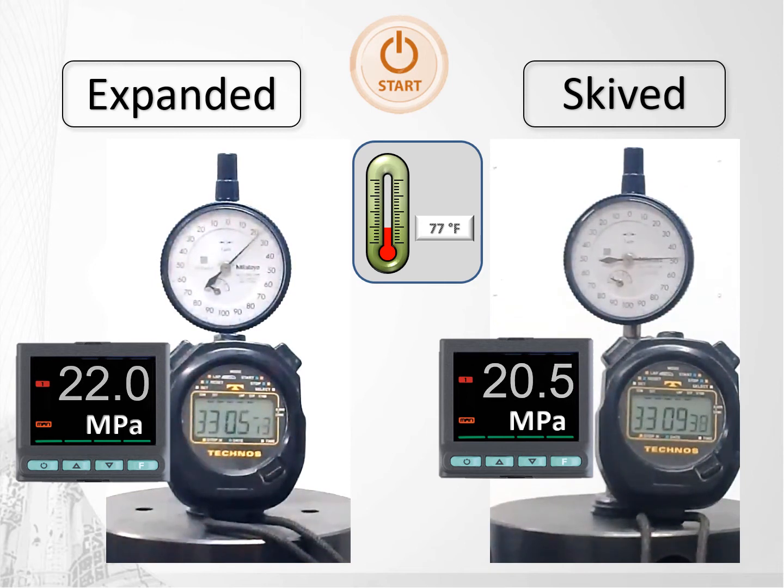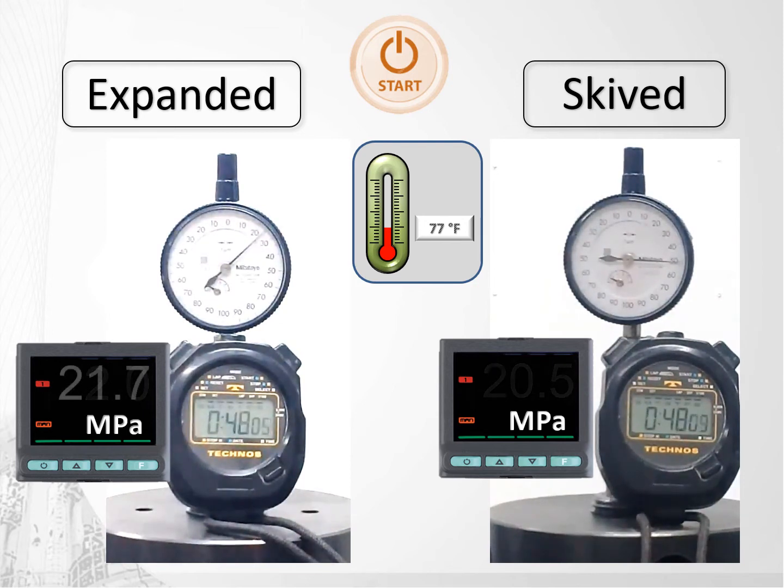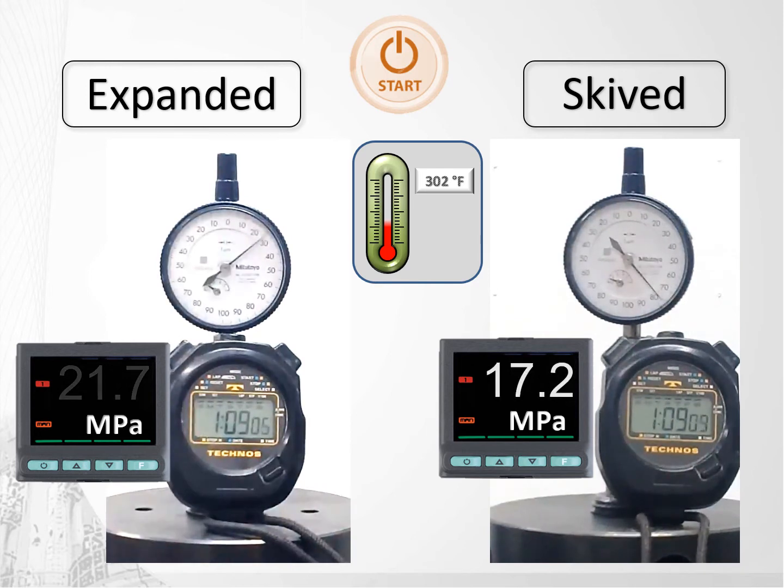30 minutes into the test at room temperature, and it can already be noticed how much more stress loss the skived gasket has when compared to the expanded. We're going to start now the heating up phase. It's possible to see how immediately it affects the skived gasket.